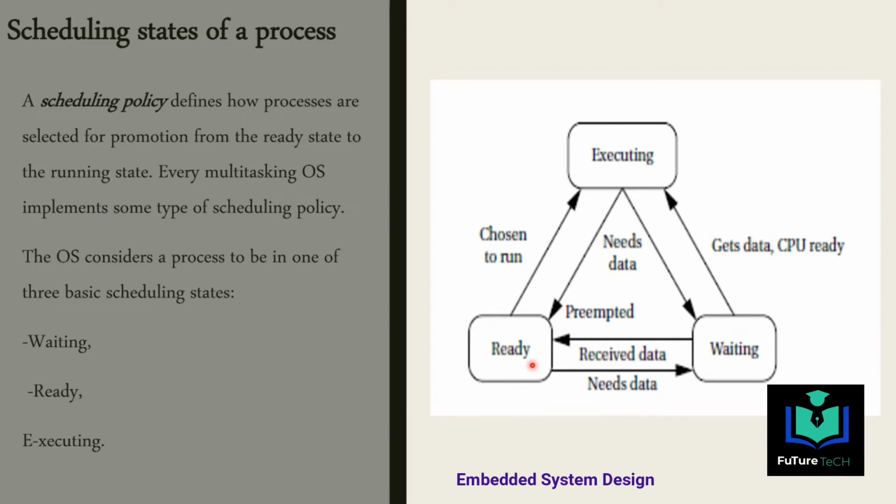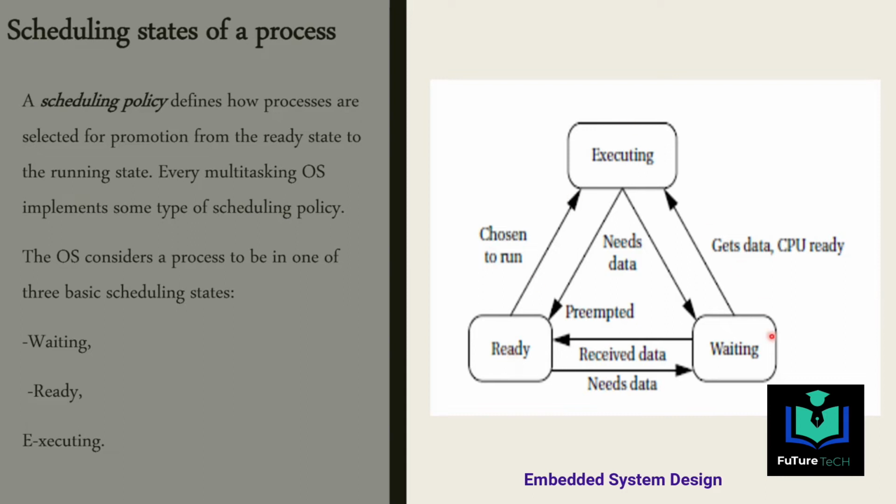But before that, the data which is present in the ready state should be moved to the execution state. So it's a triangular movement. As soon as the execution has completed in the execution state, the data is shared between the ready as well as the waiting state. The task which is present in the ready state is moved to the execution phase, and the task which is present in the waiting state is moved to the ready state.